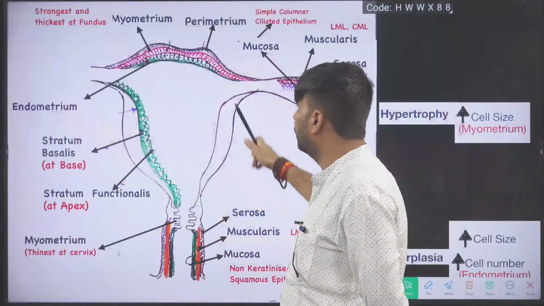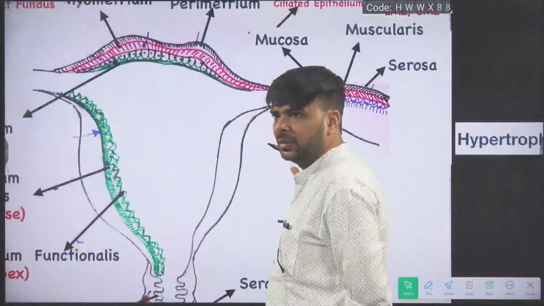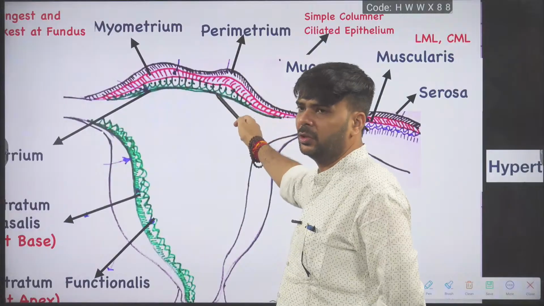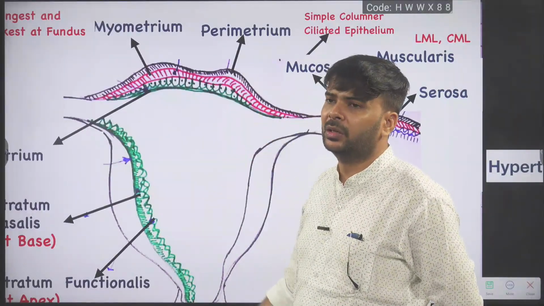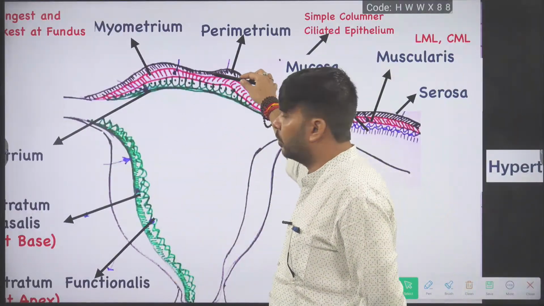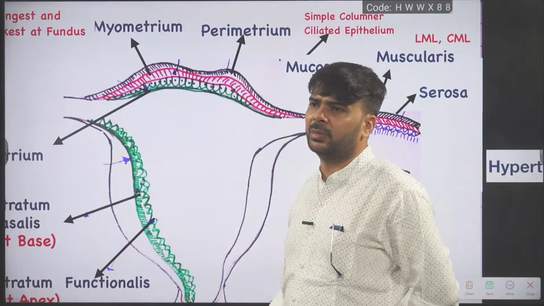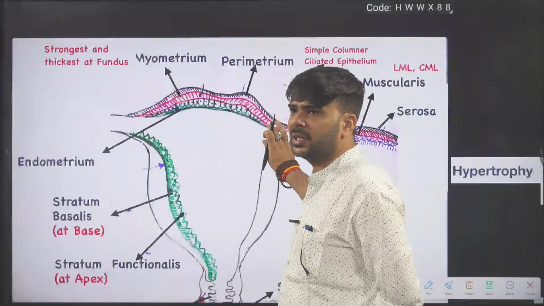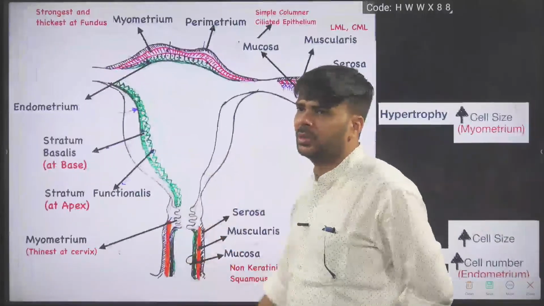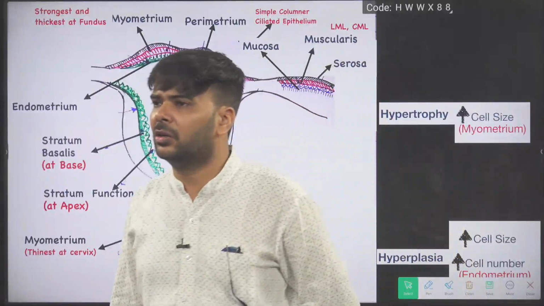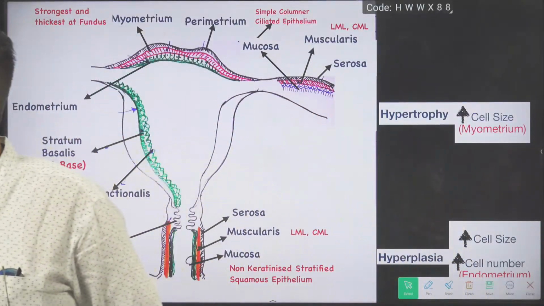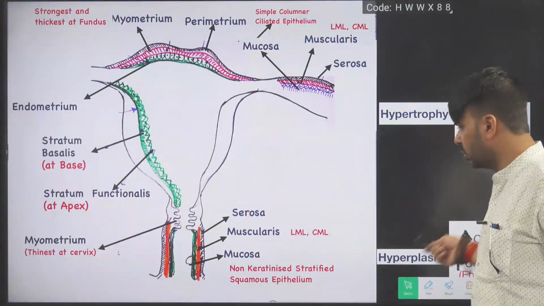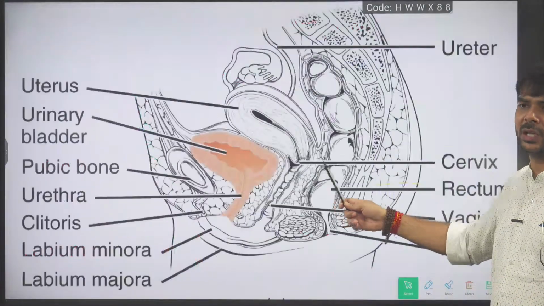Endometrium gives the connection to the baby, the embryo. Myometrium is the muscle layer. Perimetrium is the outermost protective layer. The meaning of sinus is open space. Remaining things, leave it, we'll discuss in the main class.